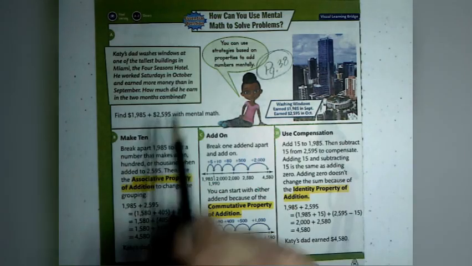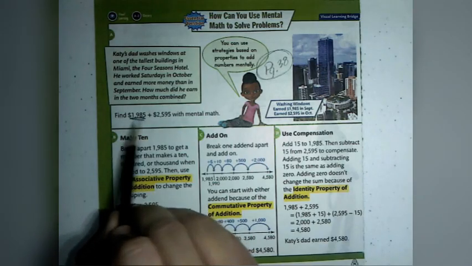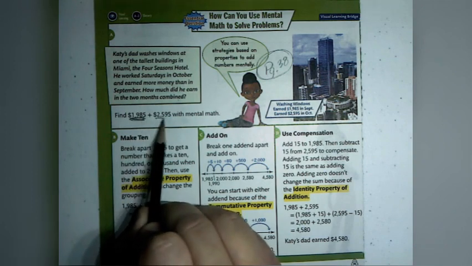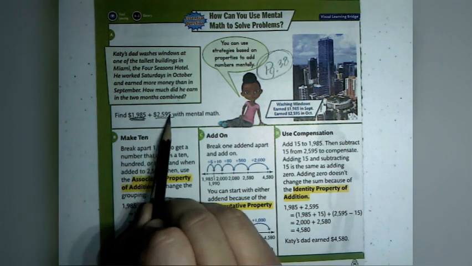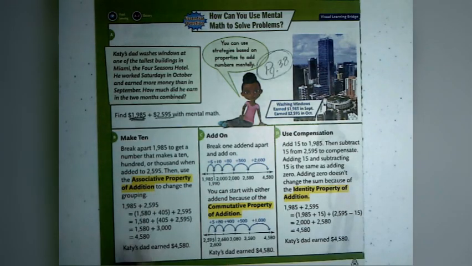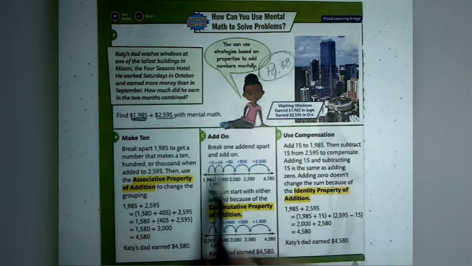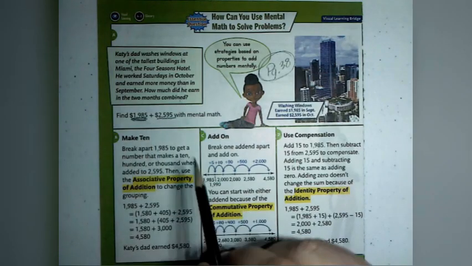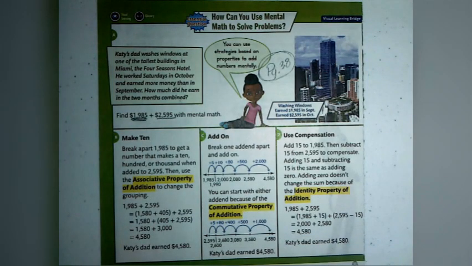Down here, they've already shown us what those are going to be. It looks like one month he made $1,985, and in the next month he made $2,595. These are two pretty large numbers. I see we've got some fives in here, but it goes all the way up to the thousands place. How on earth am I going to start to work on these problems?